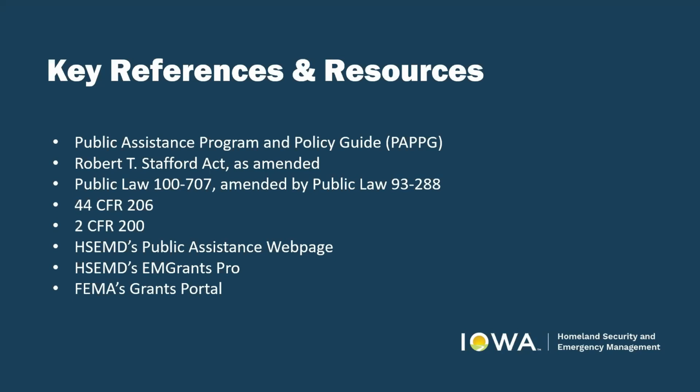EM Grants is our HSEMD grants management system, and FEMA operates in a system called Grants Portal. So you will work within both programs throughout this grant cycle. You'll start the process in our EM Grants system, then you'll move into the Grants Portal system with FEMA, and then once your projects are obligated, everything will go back into our EM Grants system.